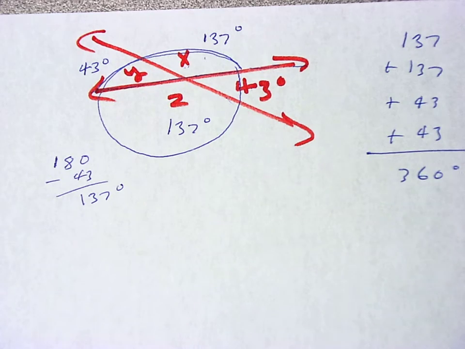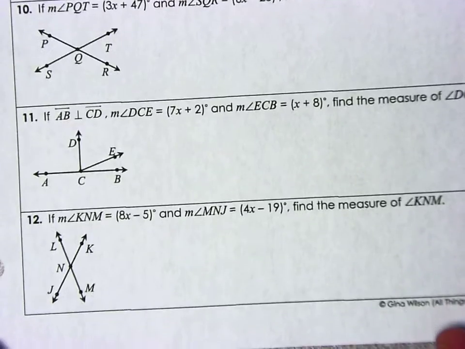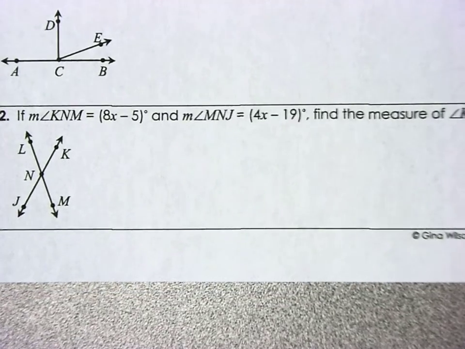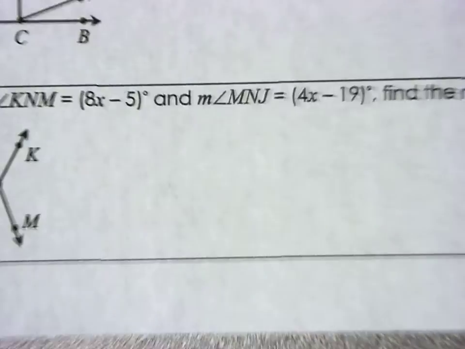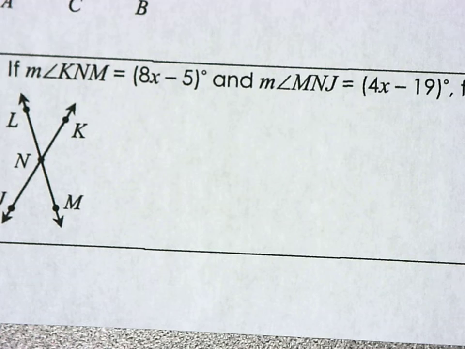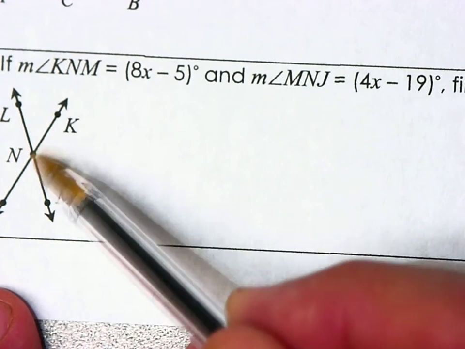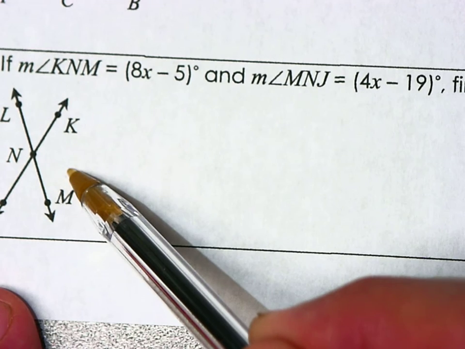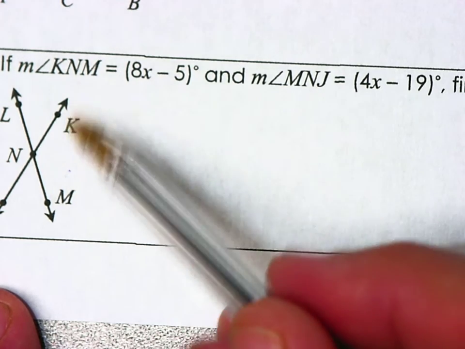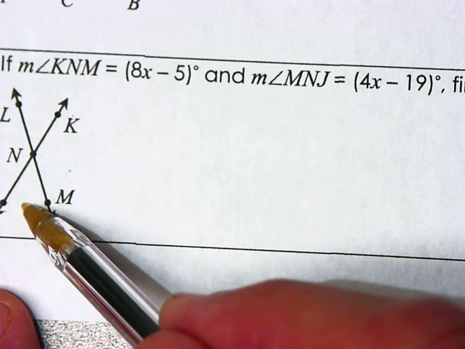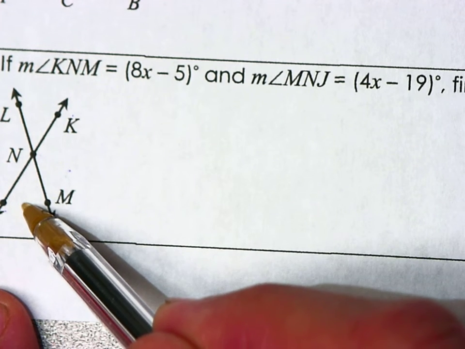What's that? You need one more? All right, let's do it. Let's try number 12 then. All right, so the measure of angle KNM is 8x minus 5, and MNJ is going to be 4x minus 19.